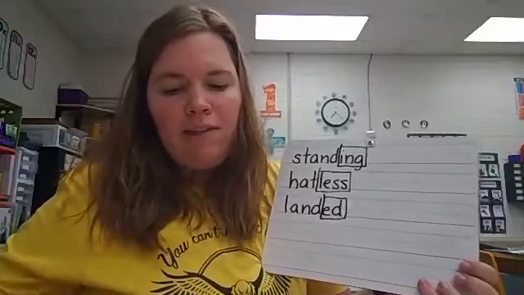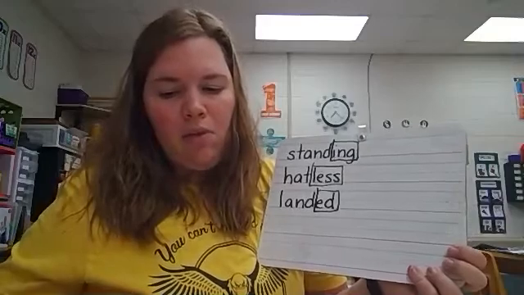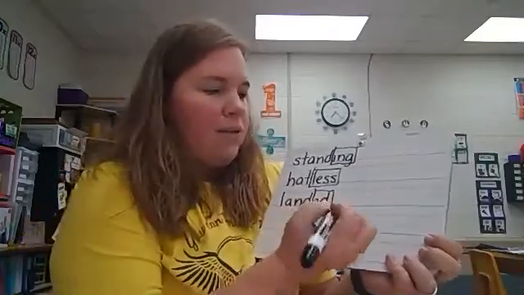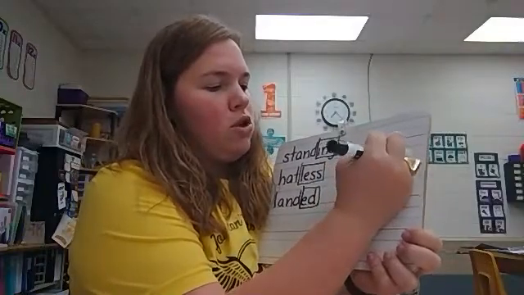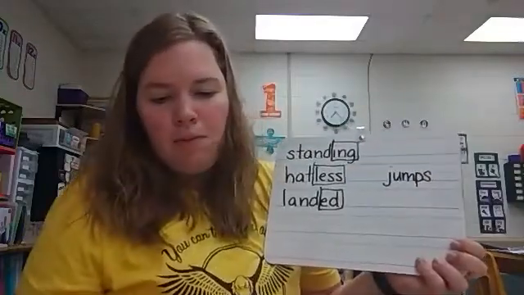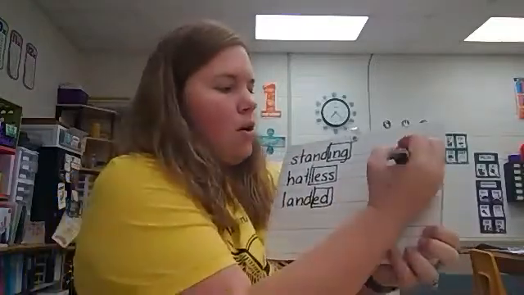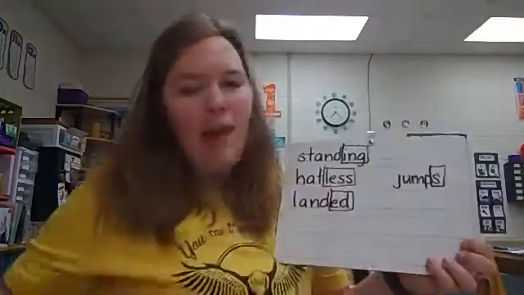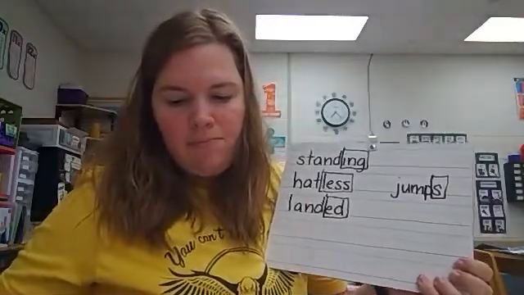So if a suffix doesn't have its own vowel sound, it doesn't add a syllable, okay? So if I add suffix s to the word jump to make jumps, how many syllables are there? Just one, because suffix s does not have a vowel sound, okay?